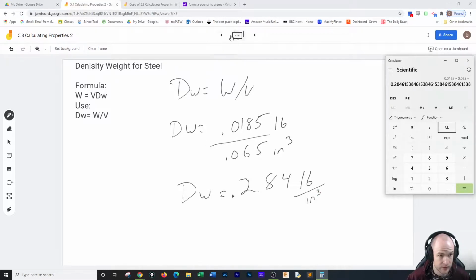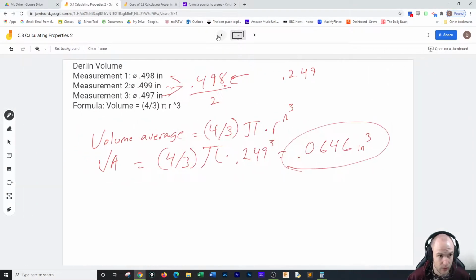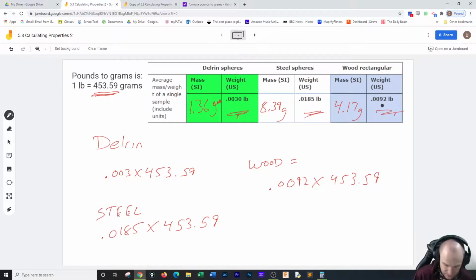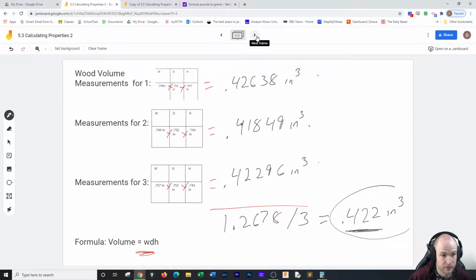And the wood. So our weight for the wood is going to be, one more page, sorry. Weight for the wood is 0.0092 pounds, and we had a volume for the wood on average as 0.422 inches cubed.